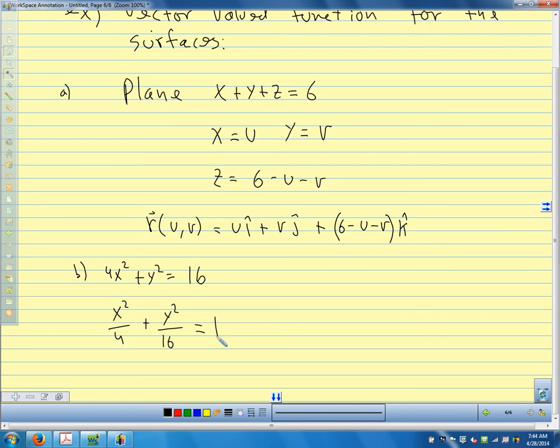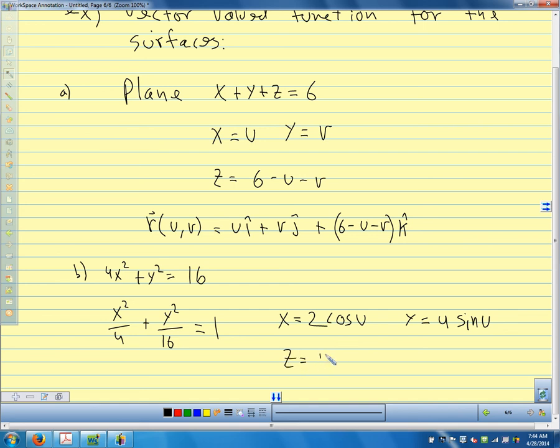So it's a cylinder, and when we have the x squared and the y squared and that equals 1, that suggests sines and cosines. So how about x equals 2 cosine u and y equals 4 sine u? So x squared over 4 plus y squared over 16 equals 1. And z can be anything, right? Since this is an elliptical cylinder.